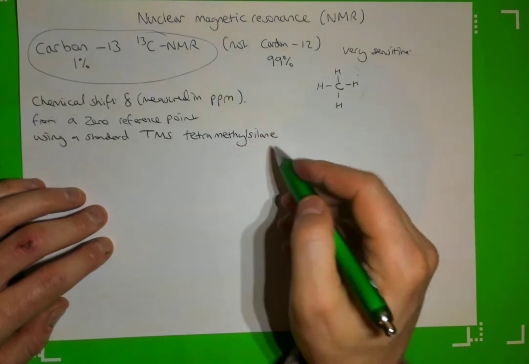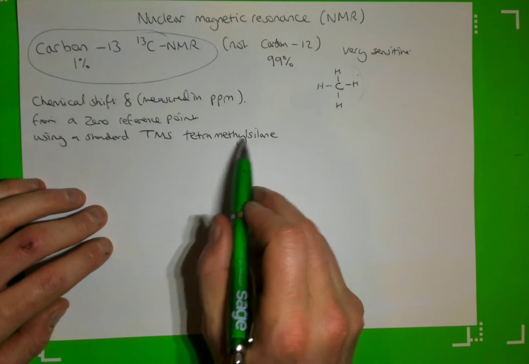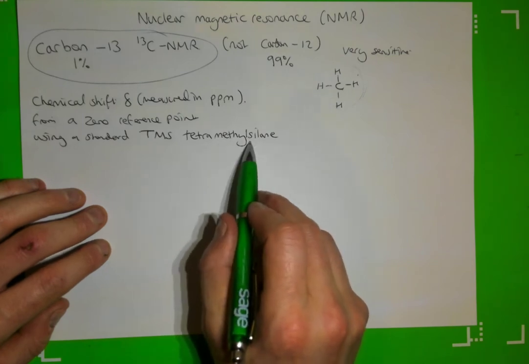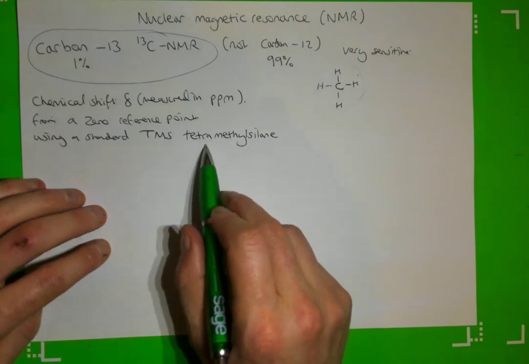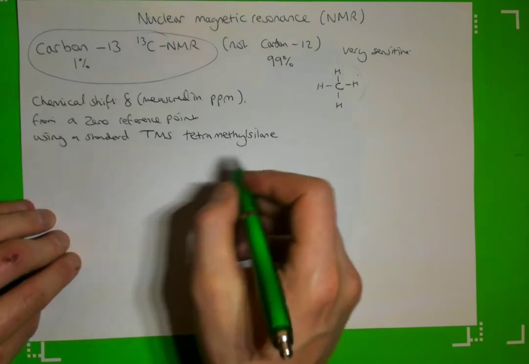And in the next video, we're going to have a look at the structure of this to understand why we use TMS as a standard. But all we need to know in this case is that the TMS is given a value of 0.